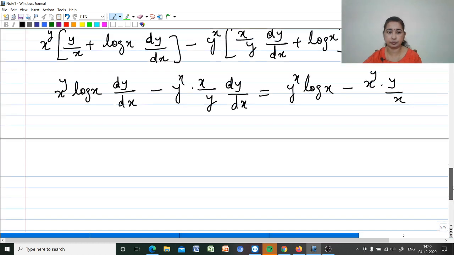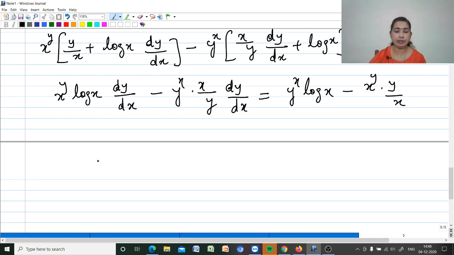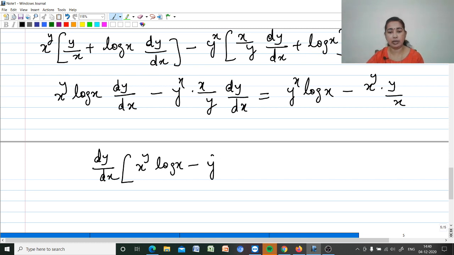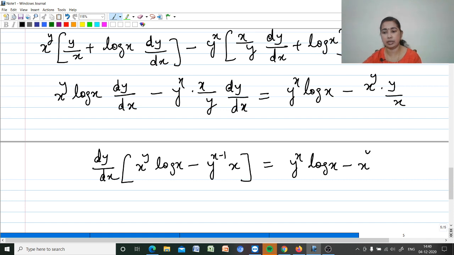Now, here we can see that dy by dx is common. dy by dx into x raised to y log x minus y raised to x minus 1 into x, equal to y raised to x log x minus x raised to y minus 1 into y.